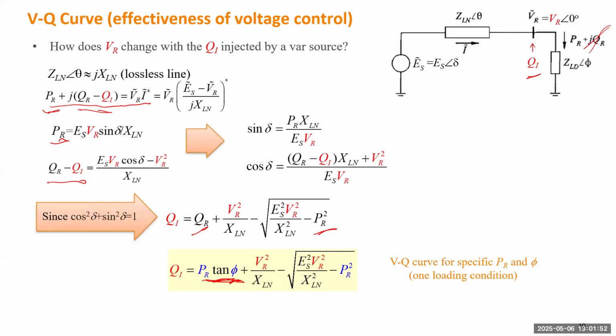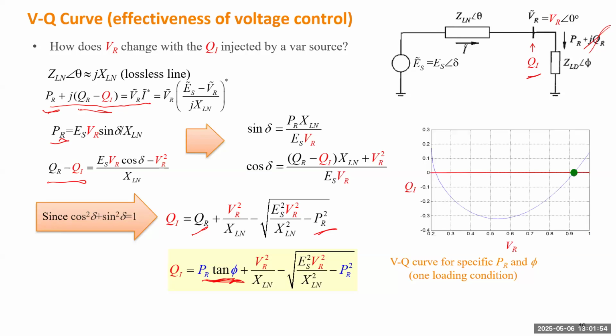If we know PR and phi, the curve will be like this one. X will be the voltage magnitude, Y will be the injection of the reactive power. I draw a horizontal line at 0, which indicates the condition without control, because QI is equal to 0. When you don't add any control, there will be one line, and that line intersects with the VQ curve at 2 points.